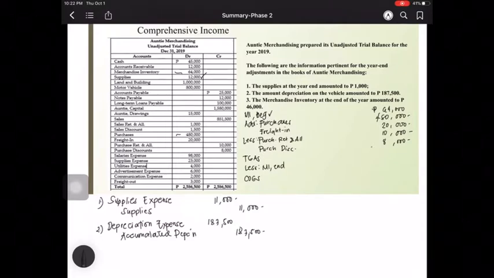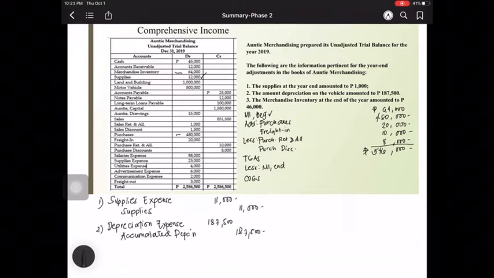Okay, so we can now compute for our total goods available for sale. How much is our total goods available for sale? That would be 64,000 plus 480,000 plus 20,000 minus 10,000 minus 8,000. So we should be able to compute a total goods available for sale for the amount of 546,000 pesos. Okay, so that would be our total goods available for sale.